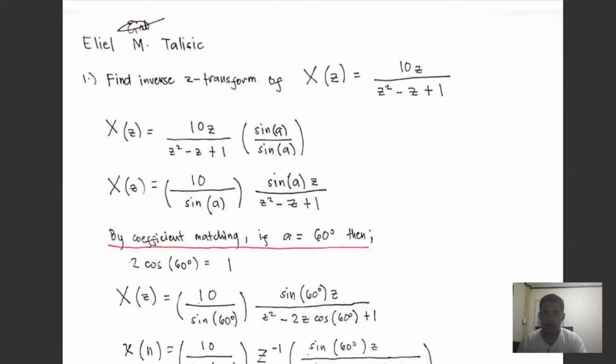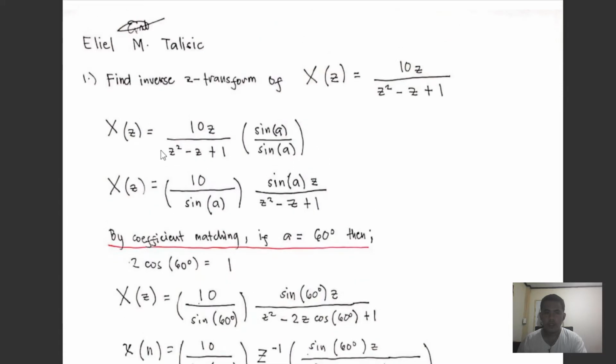Hi everyone, I'm here to present my solution about the inverse Z transform of the following systems. Number one is find the inverse Z transform of the system X(z), which is 10z over z squared minus z plus 1.